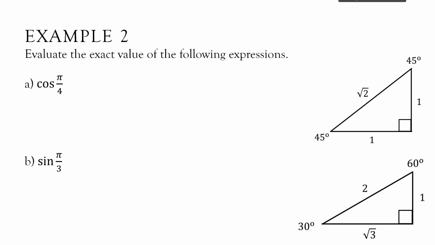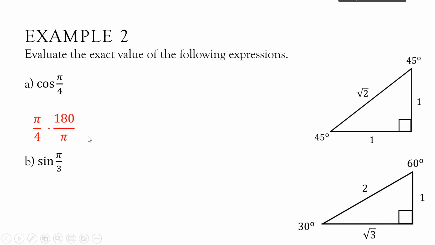So, what do I have to do from here? Well, remember from 7.2, we can always take a radian measure and convert it to degrees. So if I have pi over 4 for part A, if I want to convert this to degrees, then I multiply by 180 over pi. So now if I clean this up, my pi's will cancel each other out because we have pi divided by pi. And what about 180 divided by 4?